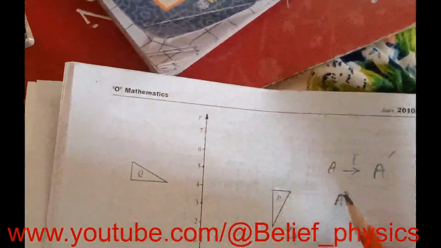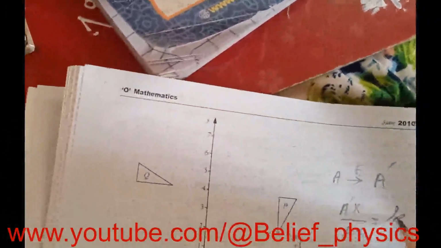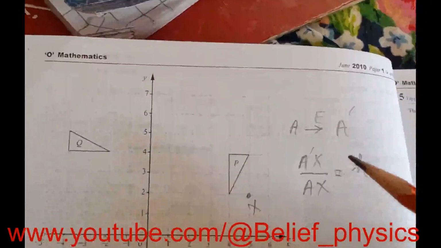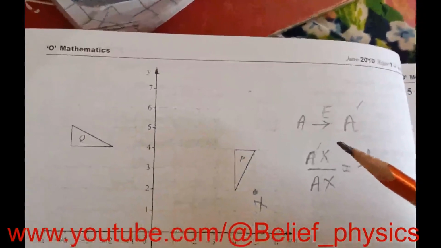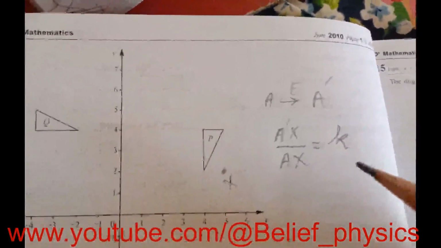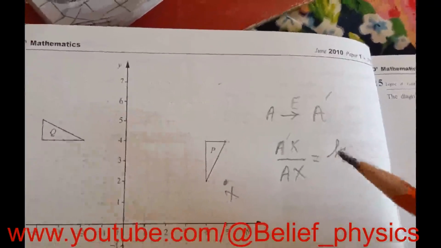A dash X over AX should be equal to enlargement factor K. Now if the enlargement factor is positive, then the image and object will lie on the same side of the center of enlargement, and if the scale factor is negative, then otherwise.